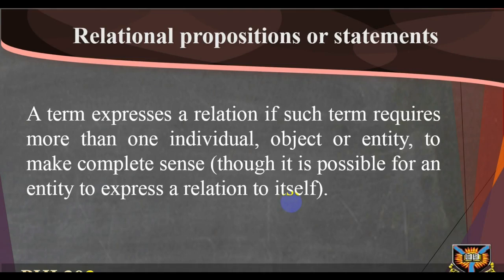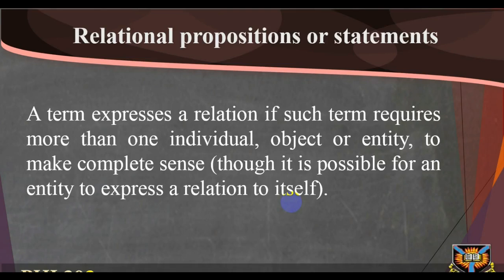A relational term may express a one-place relation, or it may be two-place, three-place, or four-place, depending on the number of individuals required for the sentence expressing the relation to make meaningful sense.